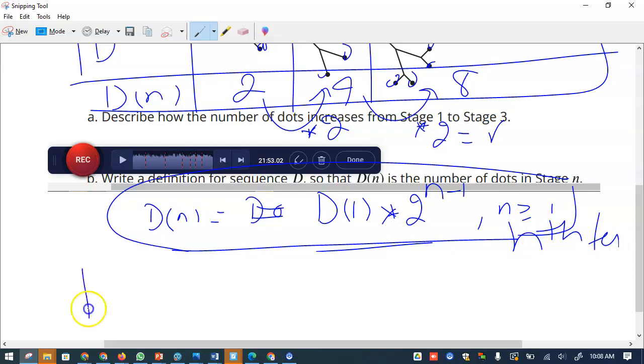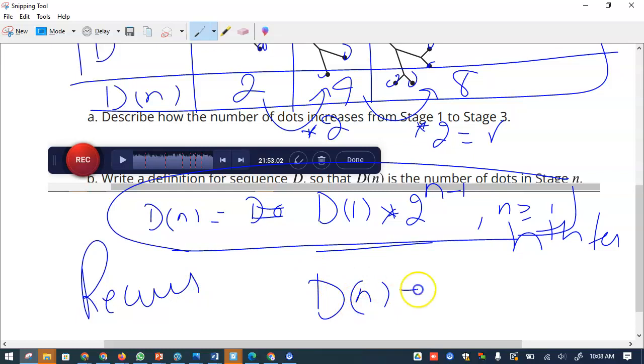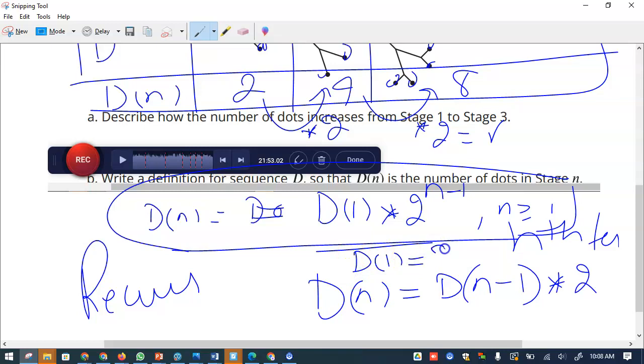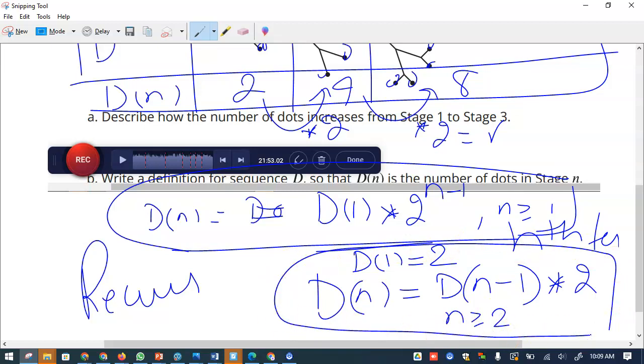And if it was recursive, if I want to write recursive, it will be d n is whatever the previous one is, d n minus 1 multiplied by 2. And of course, you have to mention that in the beginning it is 2, and then this is n greater than or equal to 2. So this is how you're supposed to write a recursive definition.